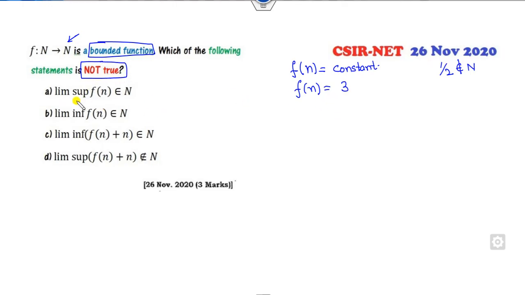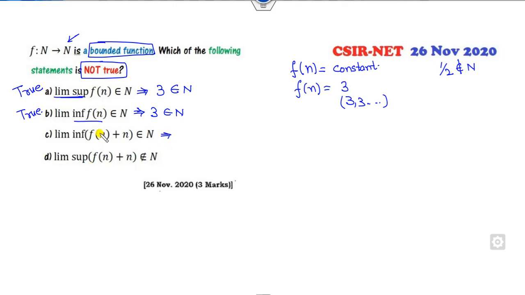If I substitute fn here, what is the limit of the supremum? Again it is 3, so this is a correct statement. What is a constant sequence? If you have 3, 3, 3, then the limit of the infimum is also 3, which is part of the natural numbers. It's a correct statement.